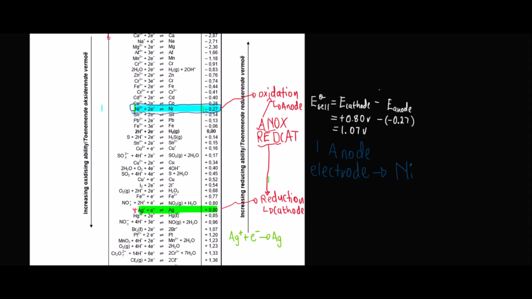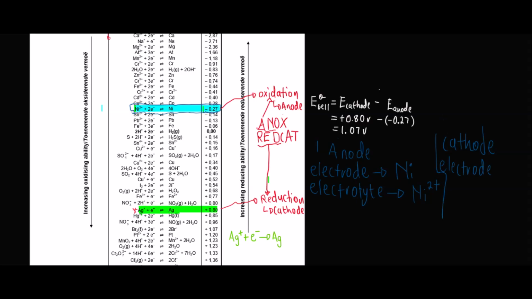So the electrode is going to be nickel. And then what is the electrolyte? The electrolyte is the solution. So the solution is going to be the ion, which is Ni2+. And then now we go to the cathode.